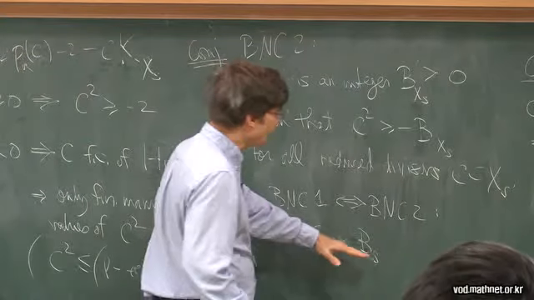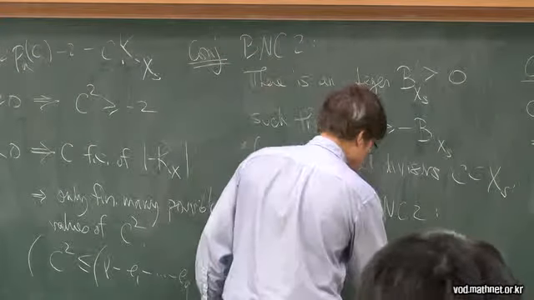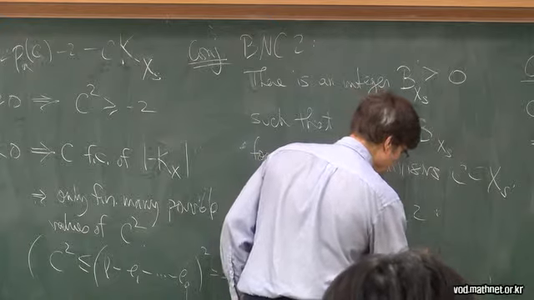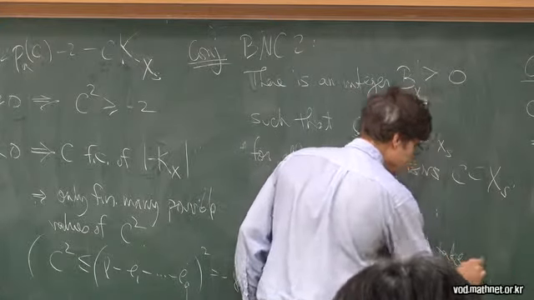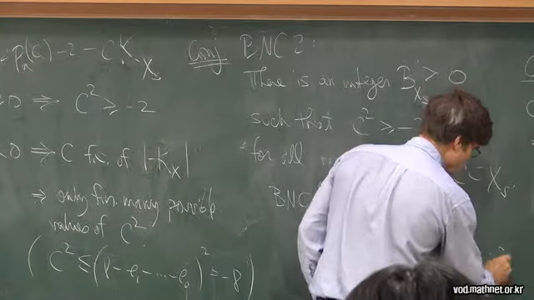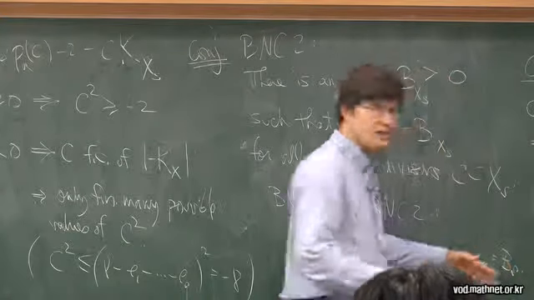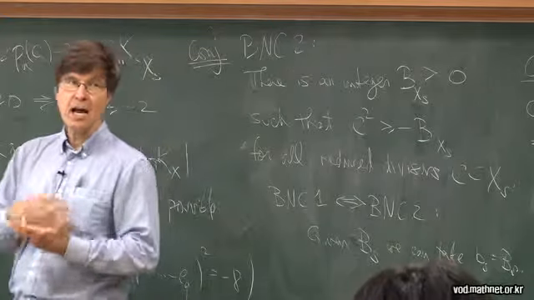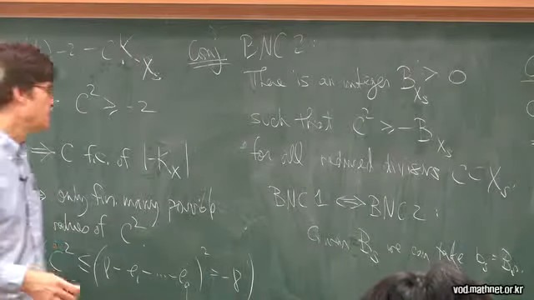So given a bound on the reduced curves, we can take the bound for the irreducible ones to be the same bound. It will suffice. It's not the optimal bound, but it will be enough.